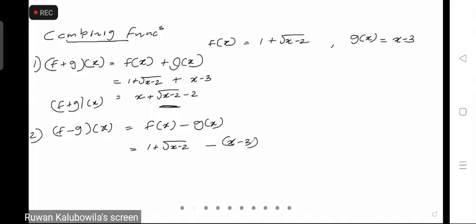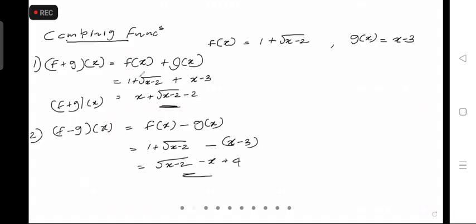You have a bracket here. So I'll write root x minus 2 first, then minus positive x means minus x, minus times minus 3 means plus 3, plus 3 plus 1 means plus 4. This is the answer. This is the way you handle problems that involve combining functions.